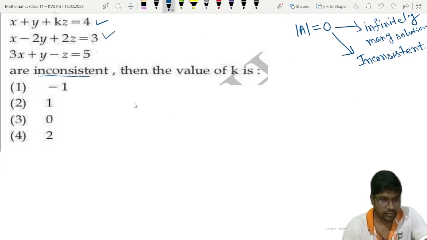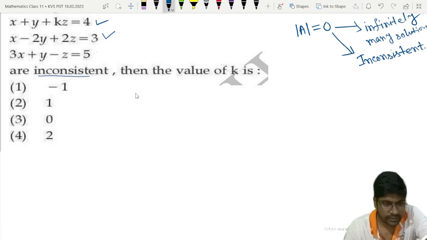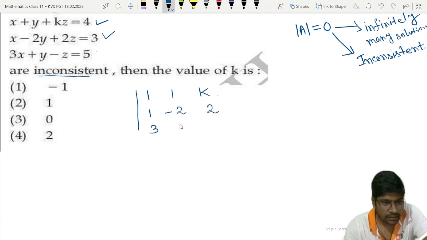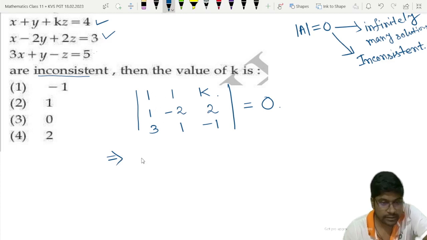Simply we will write the determinant of the coefficient matrix: 1 1 k, 1 minus 2 2, and 3 1 minus 1. Now just expand this determinant and find the value of k.